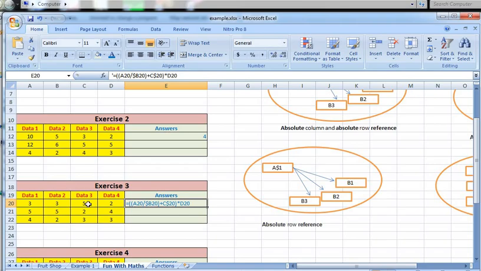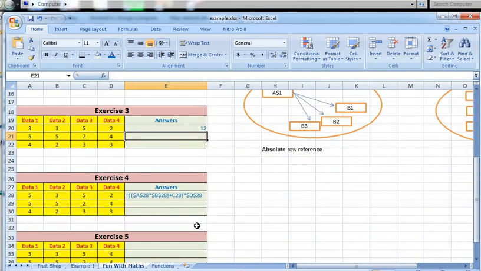So you should know how much is that now. 6. 6 multiplied by 2. So you should know what's the answer. It's 12. So find these two answers also.